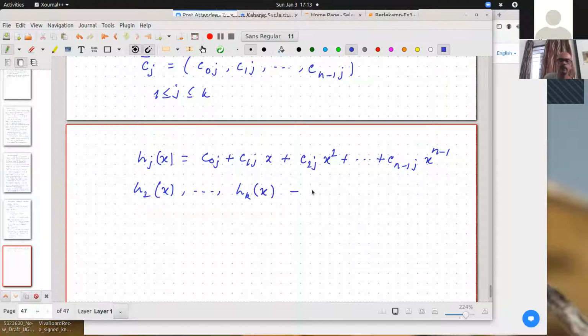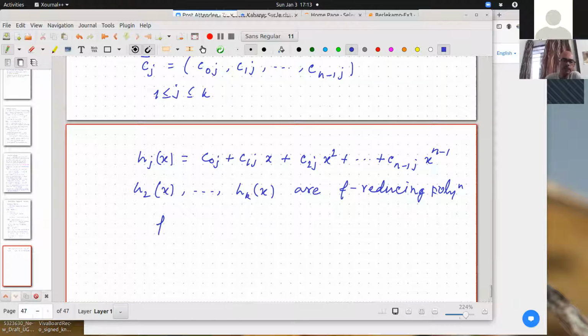So these are f reducing polynomials. So they are all f reducing.